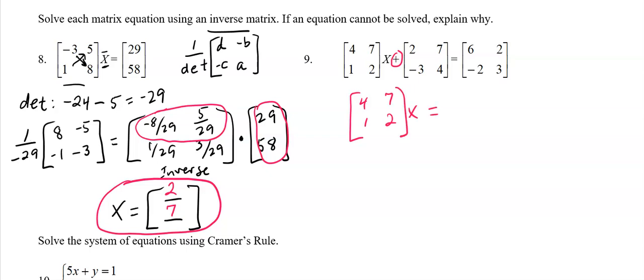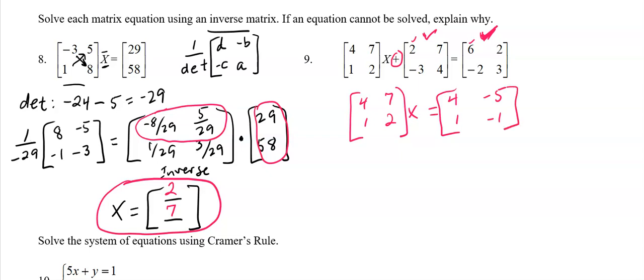It starts with the right side matrix, and we're going to be subtracting the matrix on the left from that. So start with 6 and then subtract 2. 6 minus 2 is 4. 2 minus 7 is negative 5. Negative 2 minus negative 3 is 1. And 3 minus 4 is negative 1.